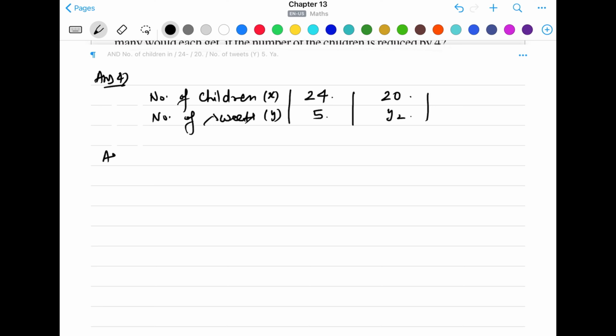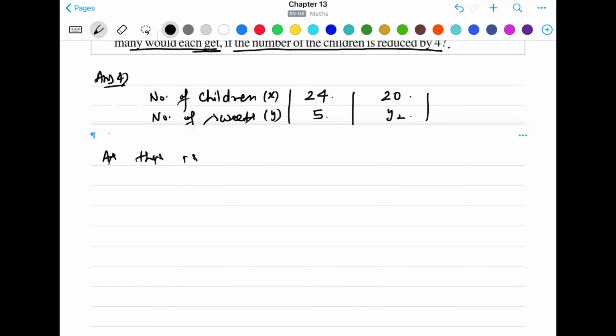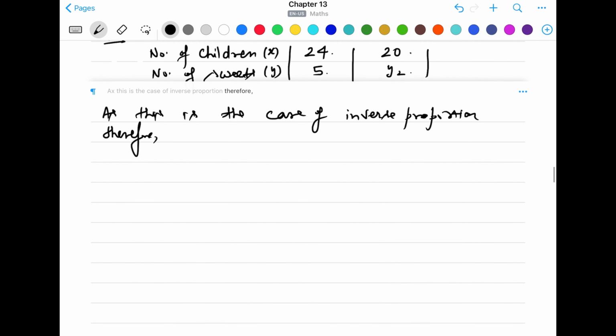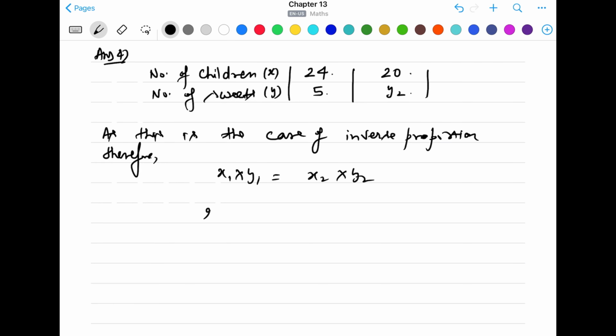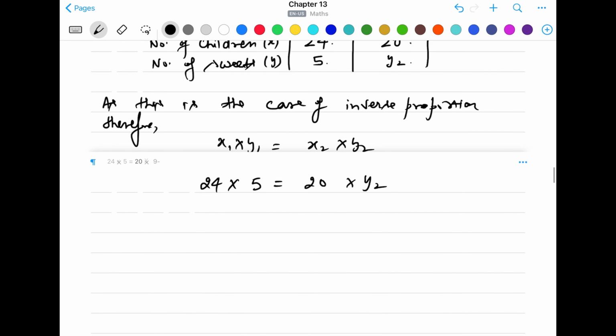As this is the case of inverse proportion, therefore we can use the relation which is x1 into y1 equals x2 into y2. So here x1 is 24, y1 is 5, x2 is 20, and y2 we have to calculate.